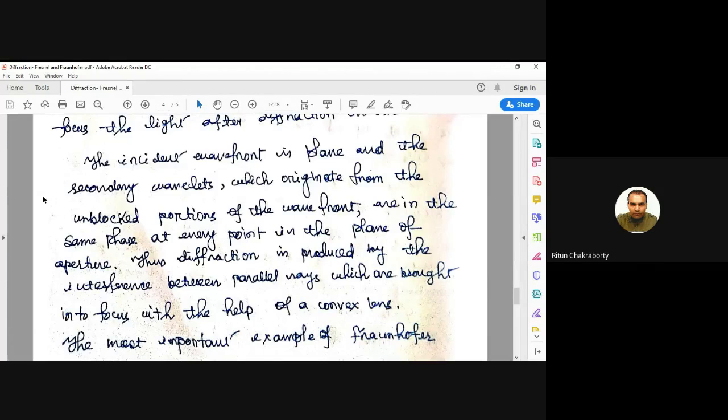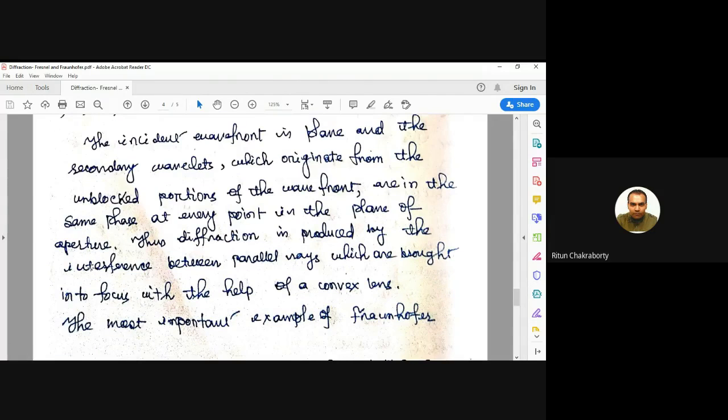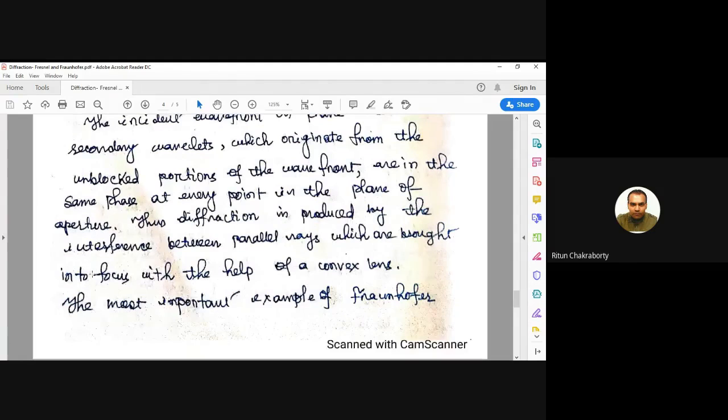But in this case, the incident wavefront is plane, and therefore the phases of different portions of the wavefront are the same. So they are in the same phase at every point in the plane of aperture. So this is a difference. If I ask you in the question to mention two differences between Fresnel type diffraction and Fraunhofer type diffraction, you should be able to answer by now.